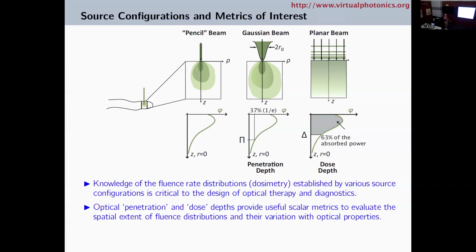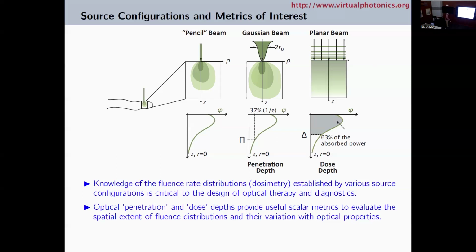So we wanted to first do modeling of some simple irradiation geometries and come up with more valuable metrics for light propagation. For what I'm about to show, I'm considering 3 different types of sources. One is the classic, very small beam incident onto material, and you may be interested in looking at what is the light field right under that source as a function of depth.